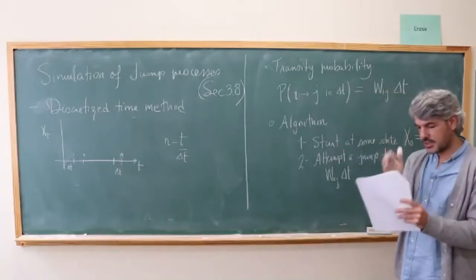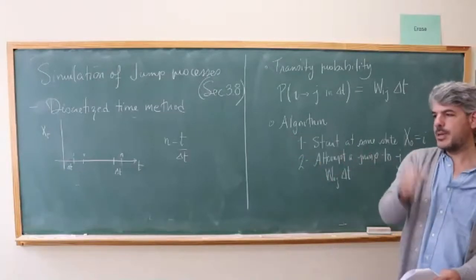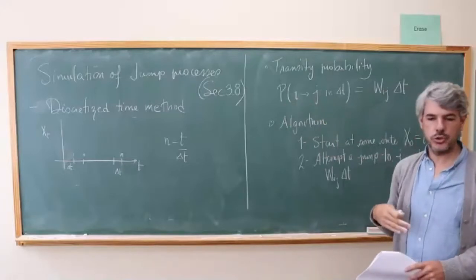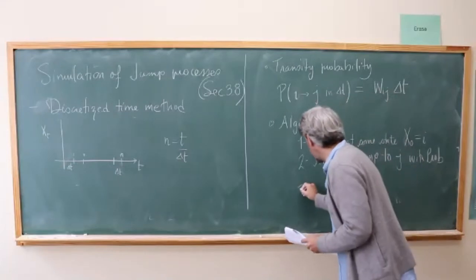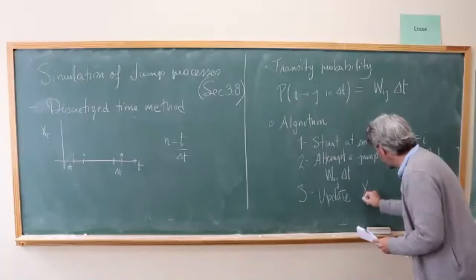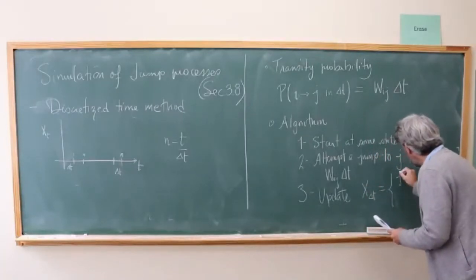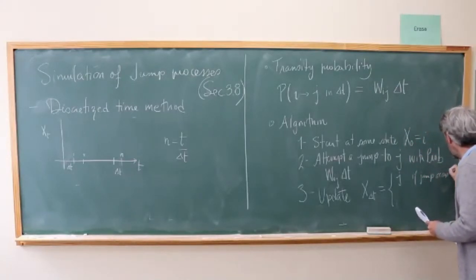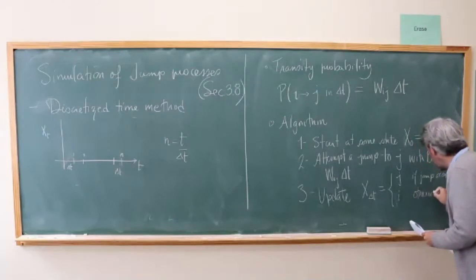So basically, if you sit at i, you look at all the possible j's that you can jump to, you have the probability for jumping to each of those j, you have to choose a j proportional to the probability that is given like this. So you can do this numerically, and then you update your state. Then the new state at time delta t will be j if the jump is accepted, otherwise you stay at i if the jump is not accepted.